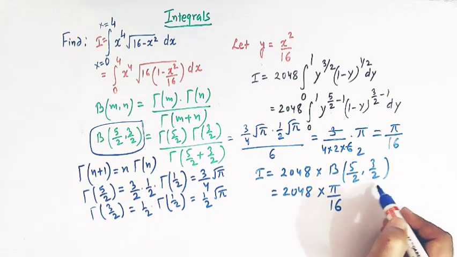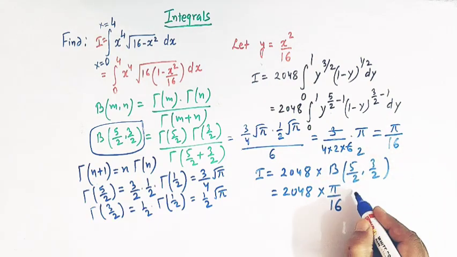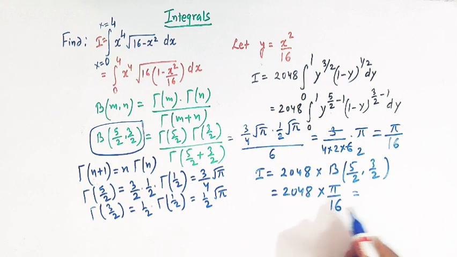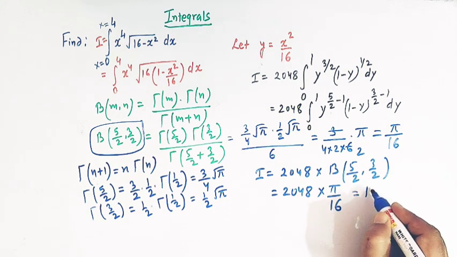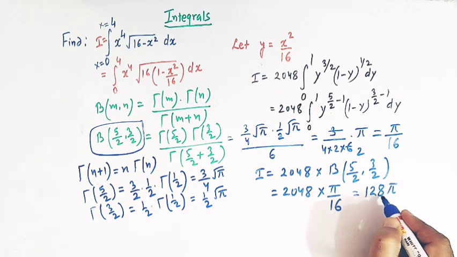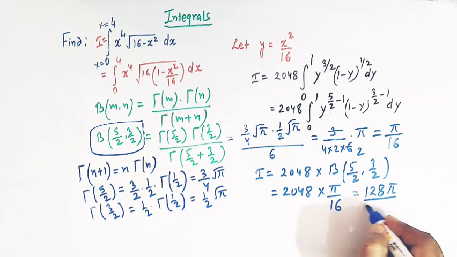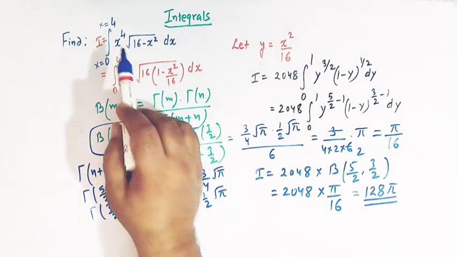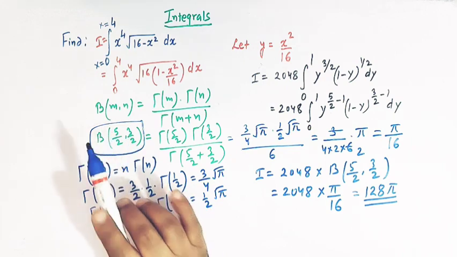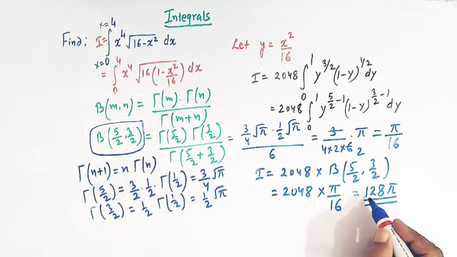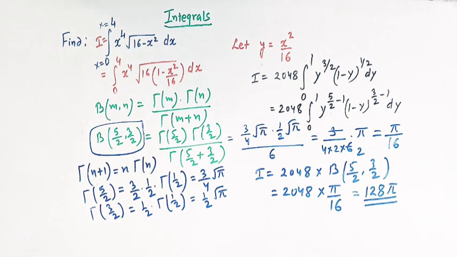Now if we divide 2048 by 16, we'll get 128. So we have 128 times pi. So the value of this integral using the concept of beta function and gamma function is 128 times pi.